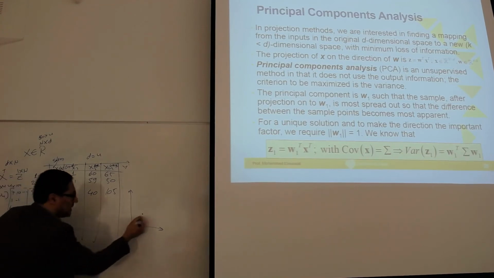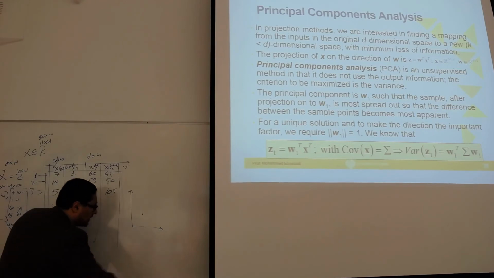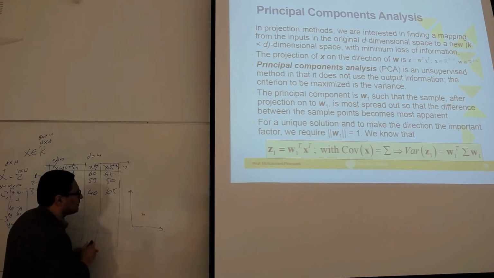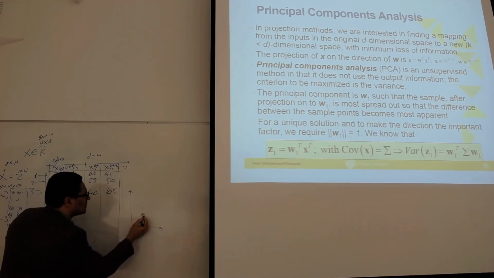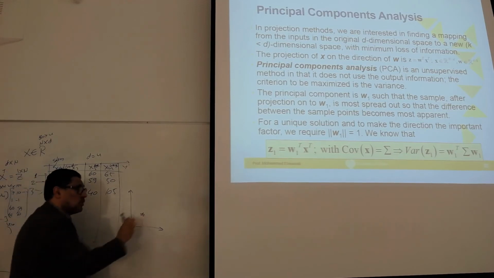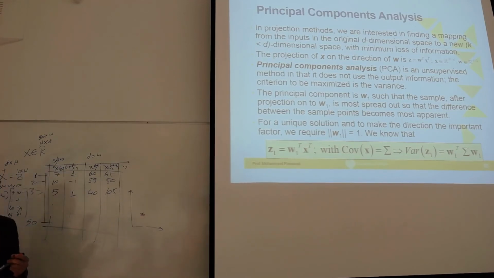So if all samples are very close to each other, the covariance is very small, or the variance of data is very small, we might lose a lot of information.